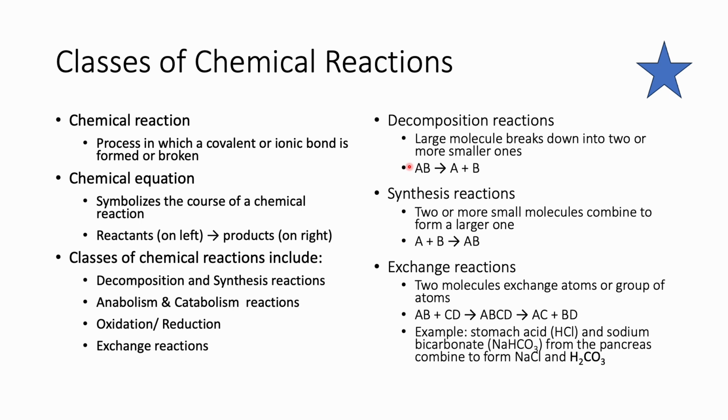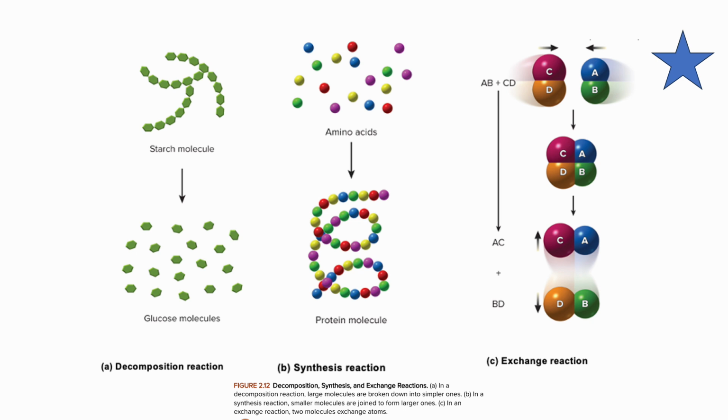And then we also have exchange reactions. It's where two molecules exchange atoms or groups of atoms. So we have AB plus CD giving us ABCD, and the exchange here we have AC plus BD. So let's take a look at what we just read. We are taking a large molecule, breaking it down into smaller ones.